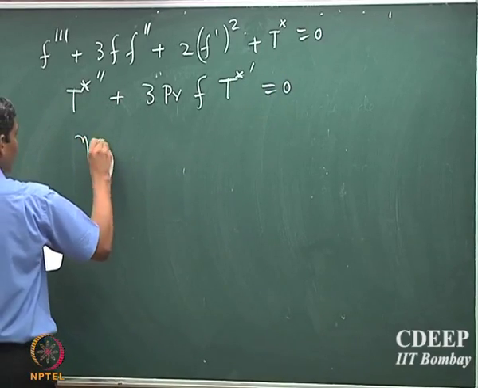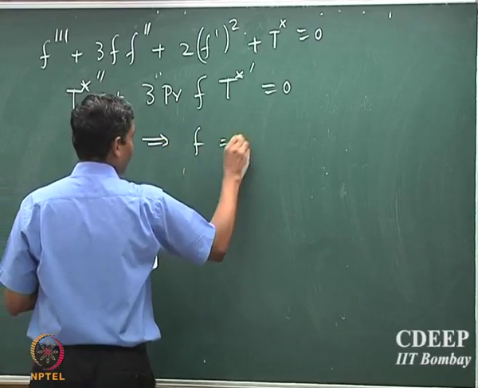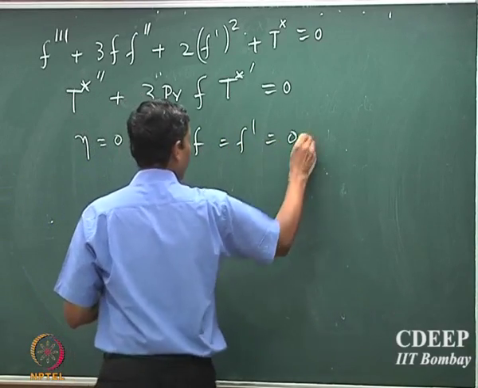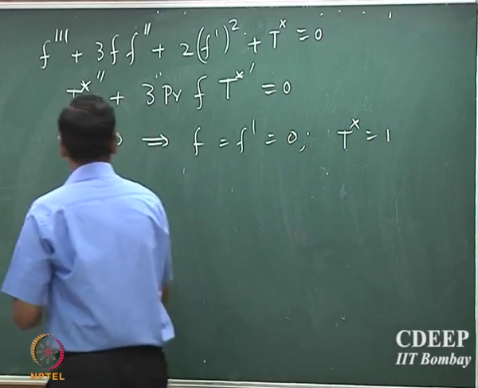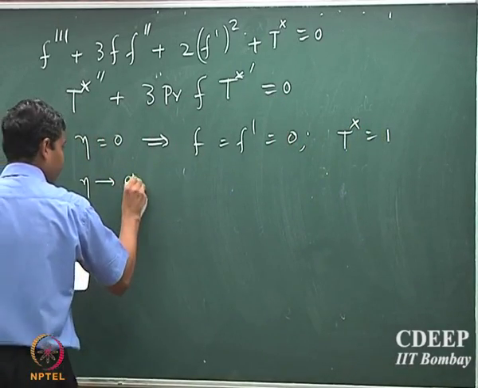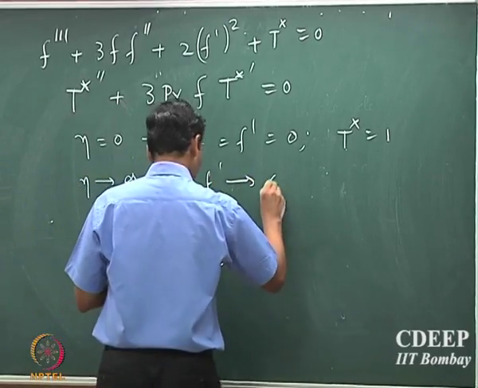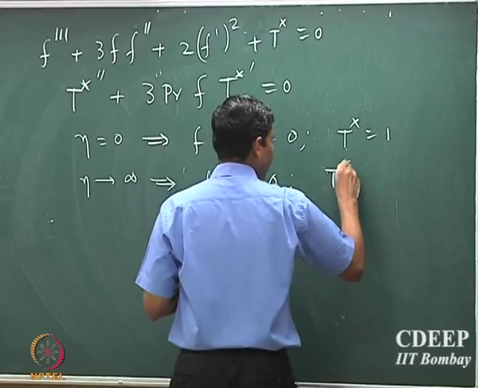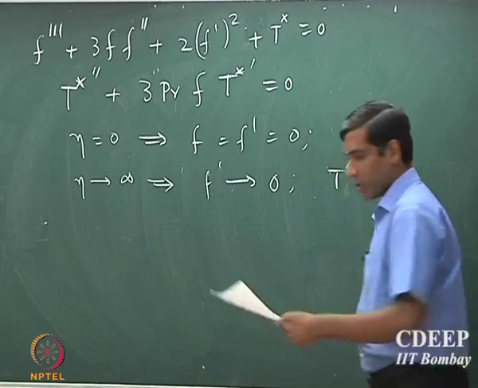And the boundary conditions would be: when eta is 0, f equal to f prime equal to 0 and t star equal to 1, and as eta goes to infinity, f prime goes to 0 and t star tends to 0. Okay.